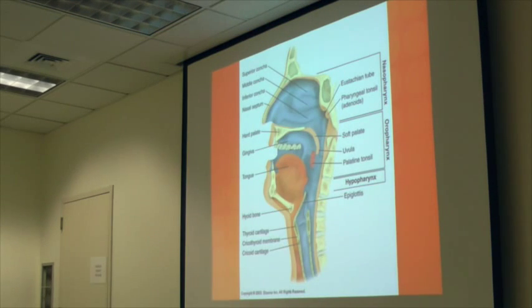See if we can find it here. We're looking for the eustachian tube in this picture. So it's going to drain into the nasopharynx. Okay, on the top right, it says eustachian tube and it points to this area.